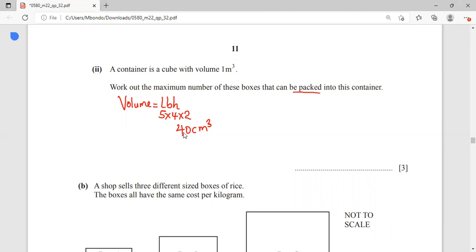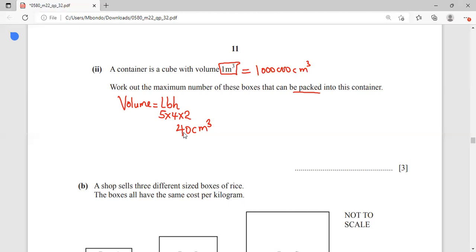We need to convert this 1 meter cubed to centimeters cubed. So 1 meter cubed is equal to 1 million centimeters cubed. We need to have the same units before we do anything.